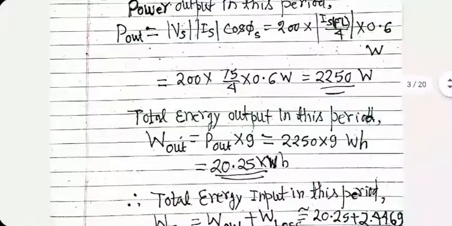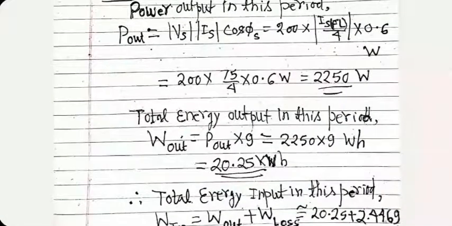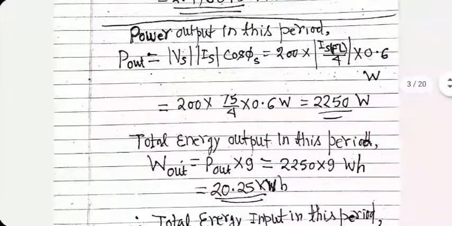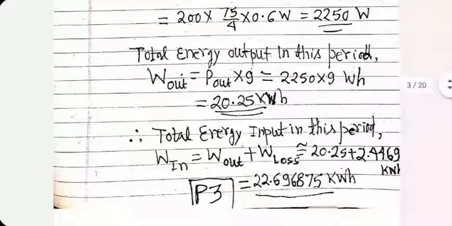So the total energy output in this 9-hour period is 20.25 kilowatt hour. To that you add the loss in energy, which we have calculated already as 2.4468 something. So the input energy in this 9-hour period is 22.696875 kilowatt hour.